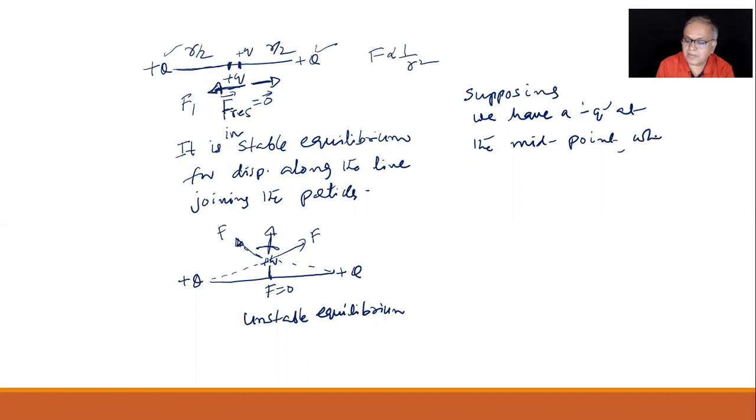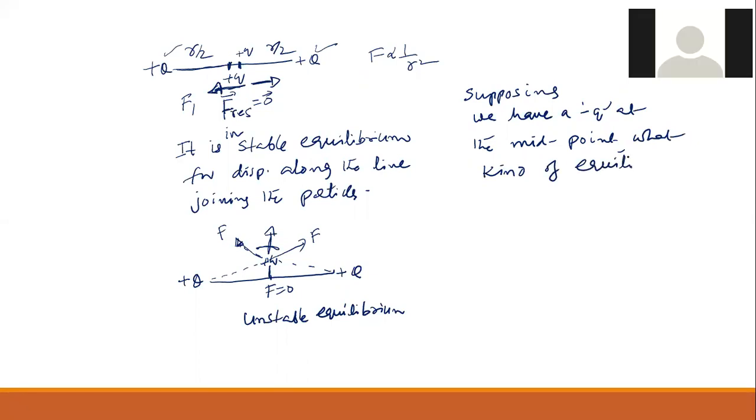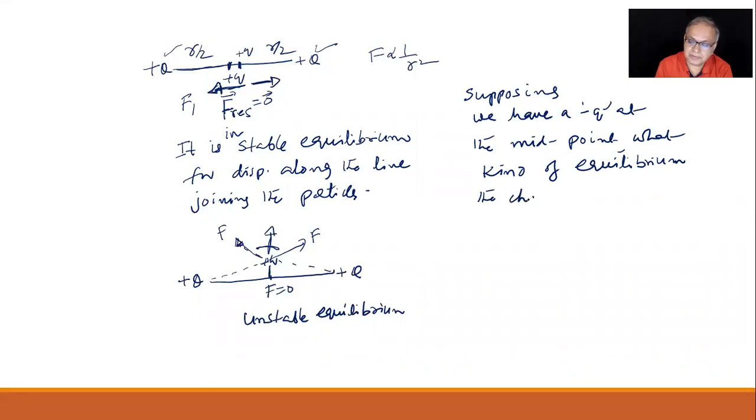What kind of equilibrium? Sir, it is still stable. What kind of equilibrium the charge is in? Come on, don't jump to conclusion, children. Just take your time and do it properly.